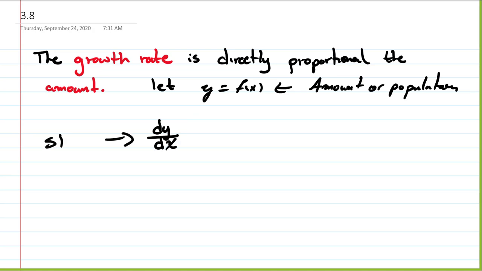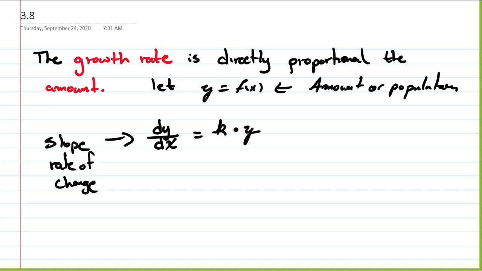This is our slope, or our rate of change, is equal to, or is proportional to, so our proportionality constant times the amount. So then dy dx, or the derivative of y with respect to x, would be equal to k times y.